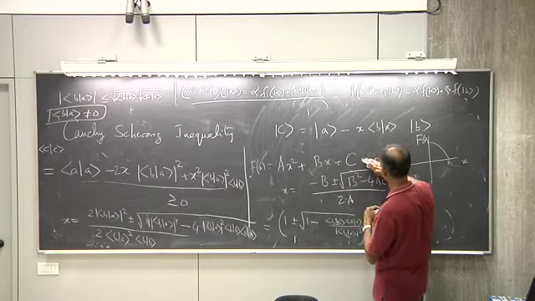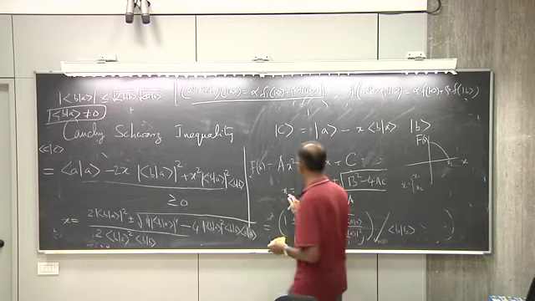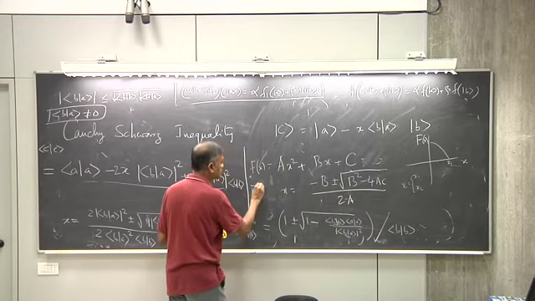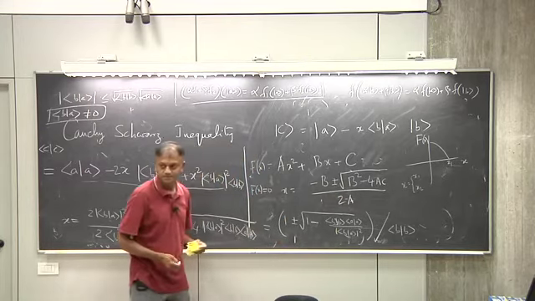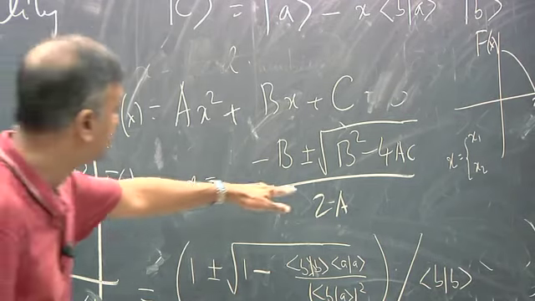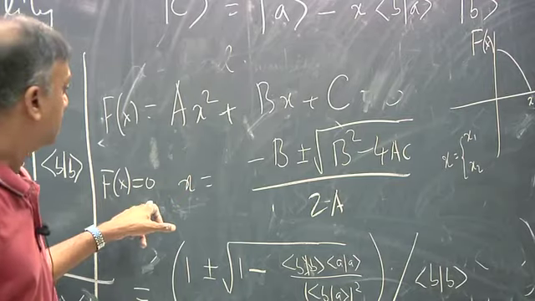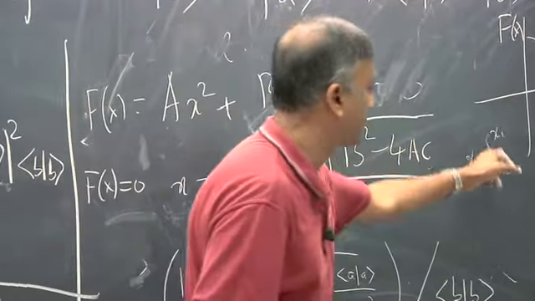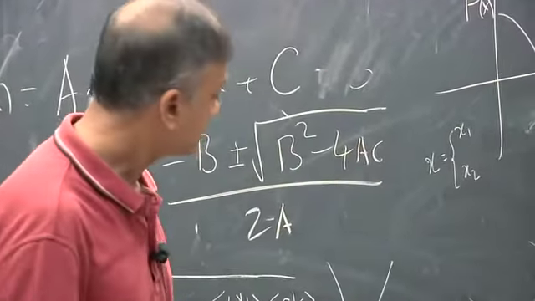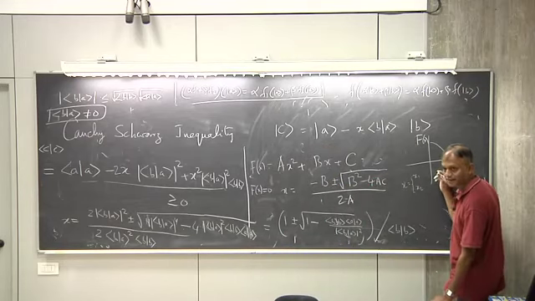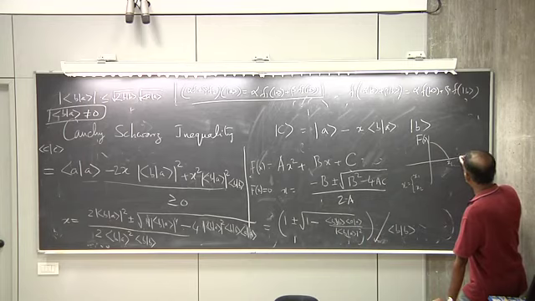These roots are the solutions of the f of x equal to 0 condition, so precisely at this value f of x will be 0. I call these two solutions x1 and x2. Then at x1 this function will become 0, and similarly at x2 this should be 0.